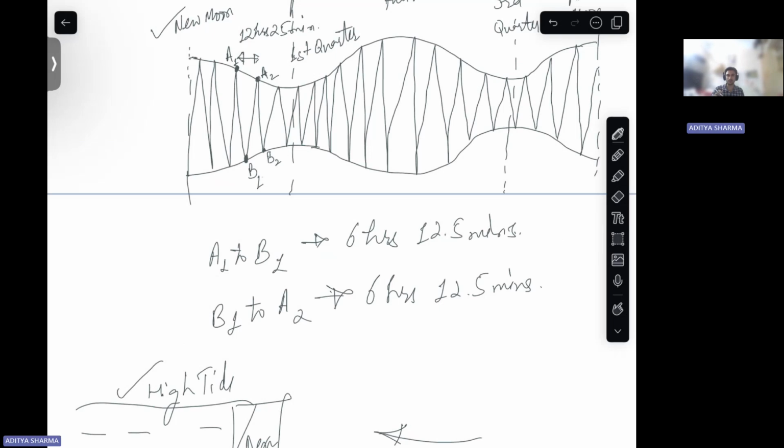That will take 6 hours, 12.5 minutes to fill your dam again. So in total, one tidal cycle takes place in 12 hours and 25 minutes.